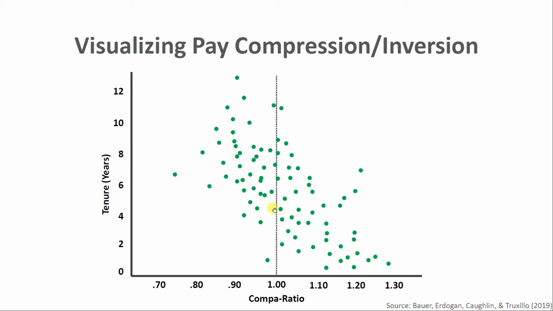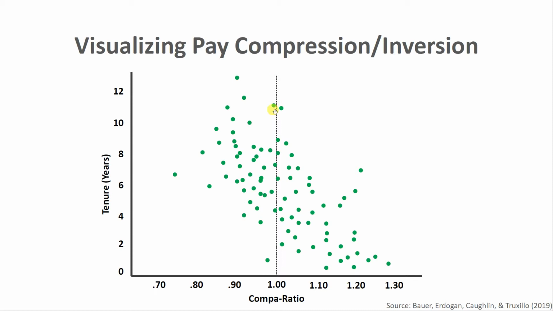And so what we see here is that as compa-ratios grow higher, we see this general inverse relationship with tenure in years, such that people who have worked in the organization longer tend to have lower compa-ratios than people who have worked in the organization for a shorter amount of time, or I should say worked in that particular job for a shorter amount of time.